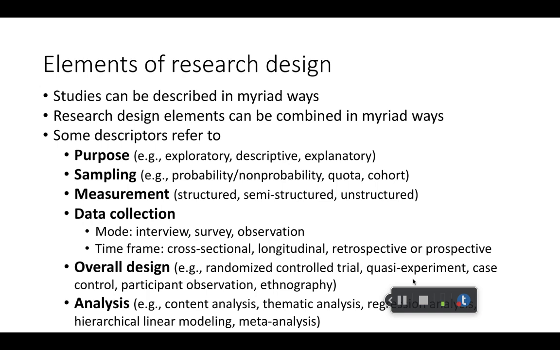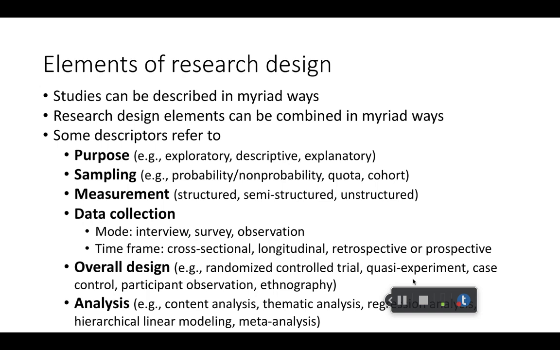There are also terms that are used to refer to the overall design of a study, like randomized controlled trial, or quasi-experiment, or case control, participant observation, ethnography. And then finally, some terms refer to the type of analysis that's performed. For example, some types of analysis are called content analysis, thematic analysis, regression analysis, hierarchical linear modeling, and meta-analysis, just to name a few.